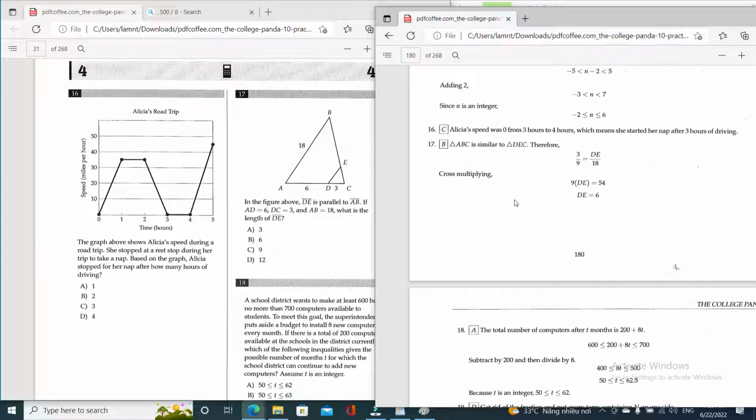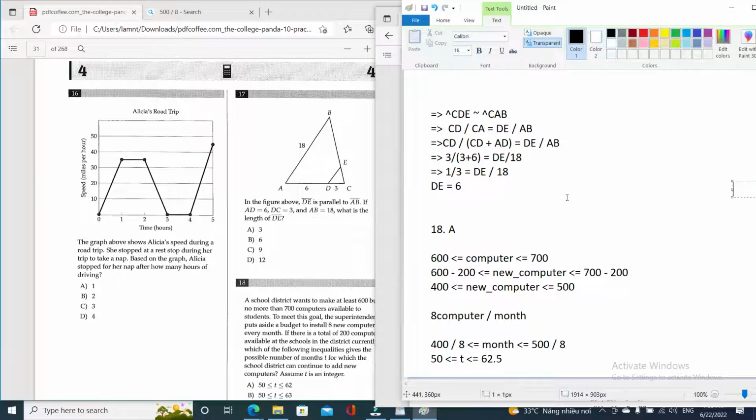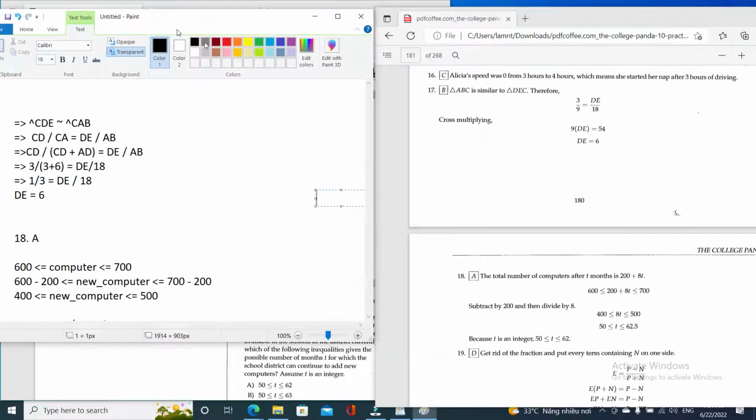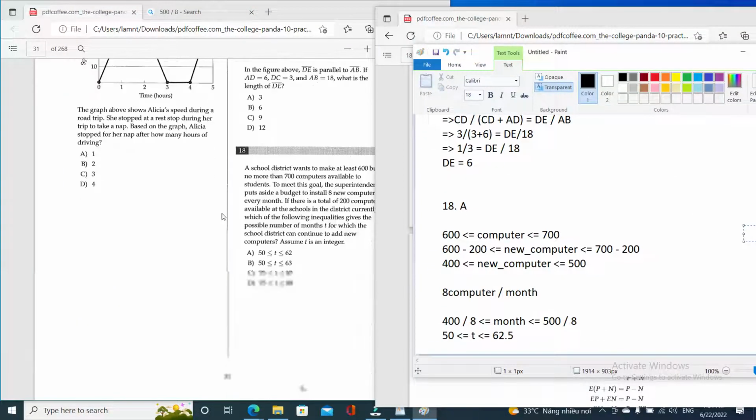Number 18. So the computation is very similar. T is going to be less than 62.5, because T is an integer, so the boundary has to be A, right?